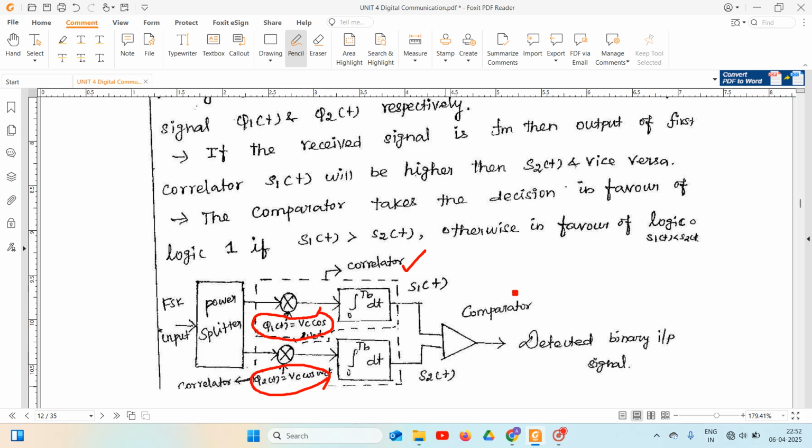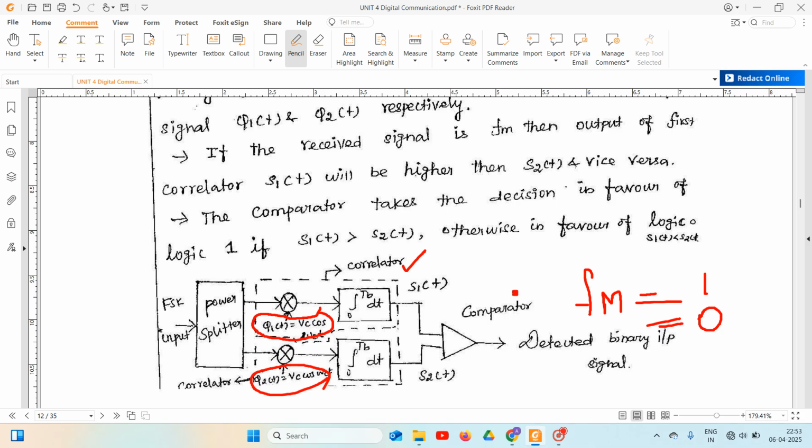If S1 of t is greater than S2 of t, then it is the mark frequency, and the output is logic 1. If S1 of t is less than S2 of t, then our output is logic 0, and that is our space frequency.